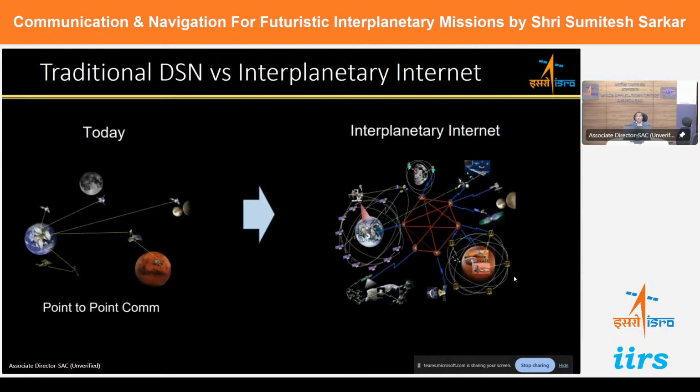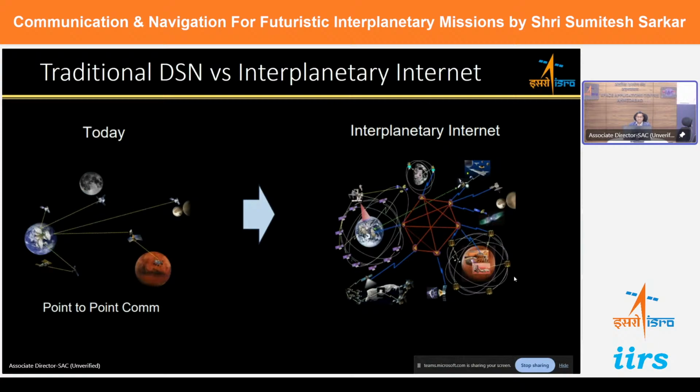Next. So today, whether it is the Moon or Mars, communication is controlled by a network called the Deep Space Network, DSN. It is a NASA-originated and NASA-controlled program, where they have three huge antennas, 34 meter or 70 meter kind of diameter, at three places around the world.